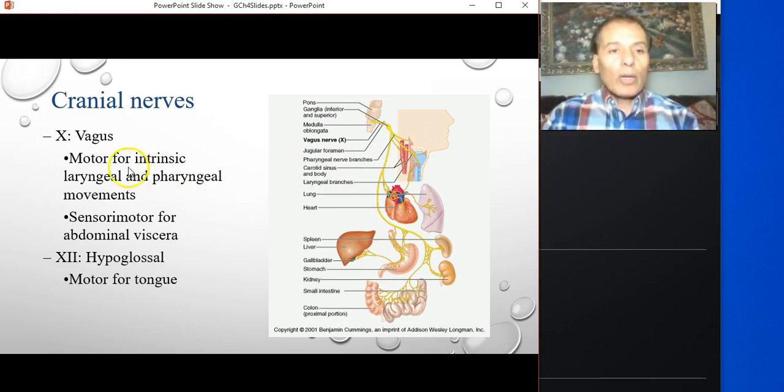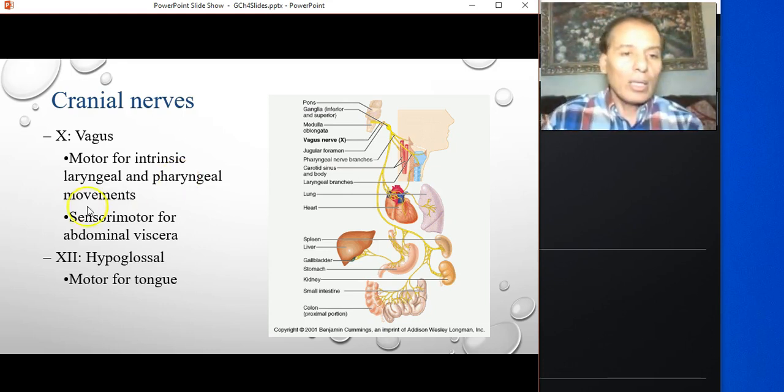So it has motor functions, for example, for intrinsic laryngeal muscles that move the vocal folds and adjust them, make high pitch, low pitch, and pharyngeal movements, like when you swallow, when you cough, you notice that your pharynx is going to be constricted and then dilated again.